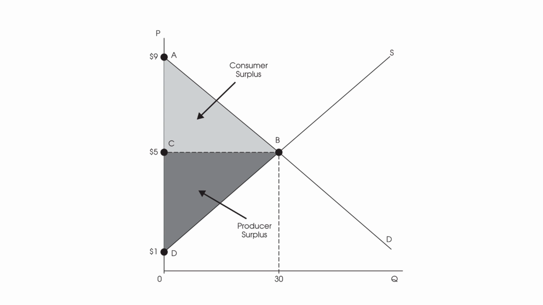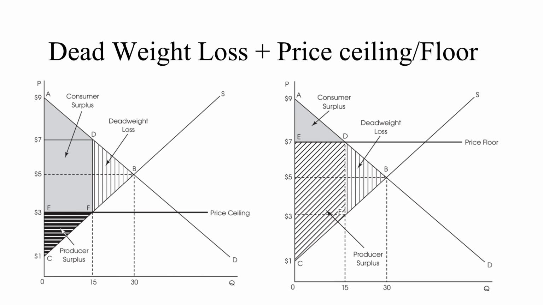That's why we are shading the top triangle and the bottom triangle. Adding the CS, the consumer surplus, and the PS, the producer surplus, we would have the TS, the total surplus. However, there are situations where deadweight loss occurs, and it results from price ceilings and price floors.